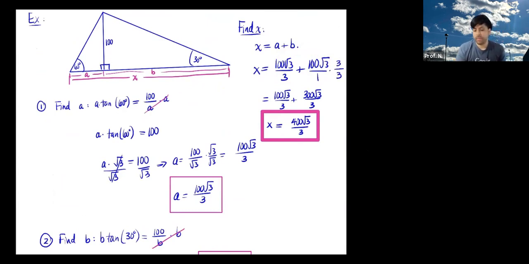That's why I'm multiplying 3 over 3. And then because of that, I combine this here. 100 rad 3 times 3 is 300 rad 3 over 3. Same denominator, combine the numerators. 100 rad 3 with 300 rad 3 is 400 rad 3 over 3.